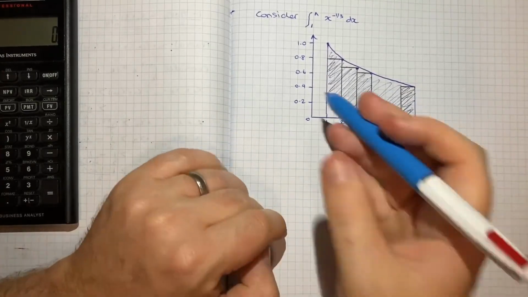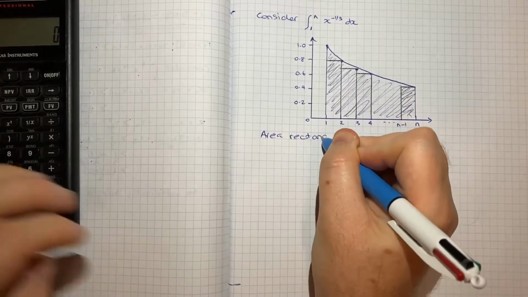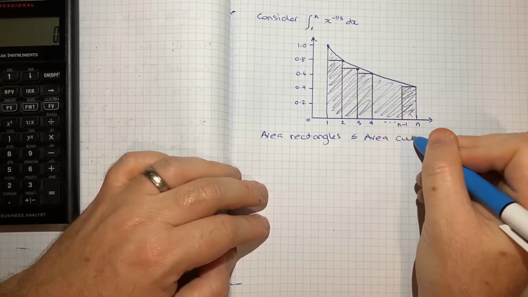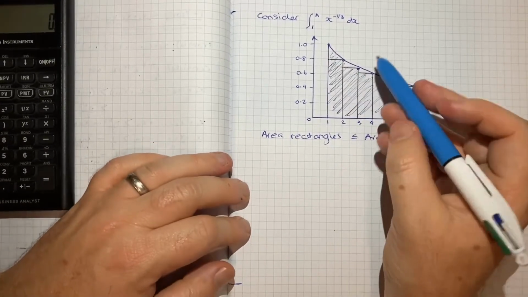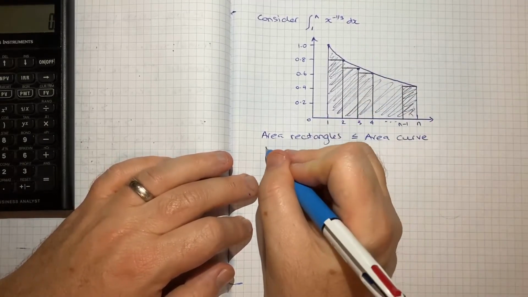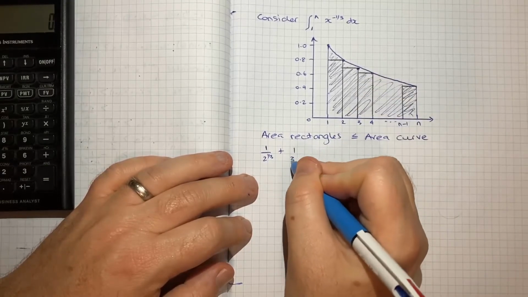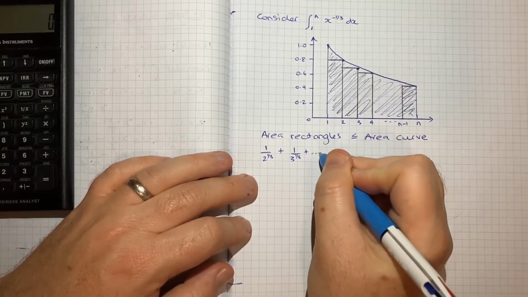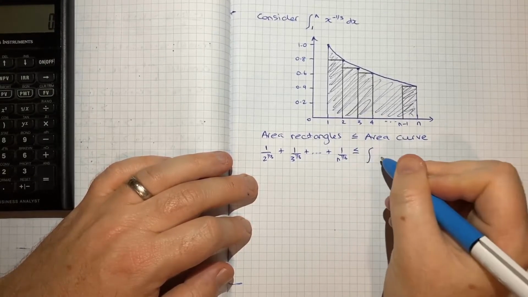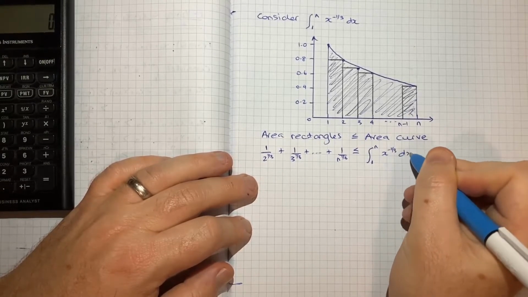So let's just write that out. The rectangles will be, in this case, 1 on 2 to the third plus 1 on 3 to the third plus all the way up to 1 on n to the third, is less than or equal to the integral from 1 to n of x to the negative a third dx.